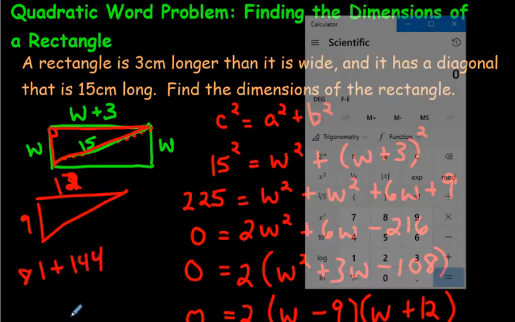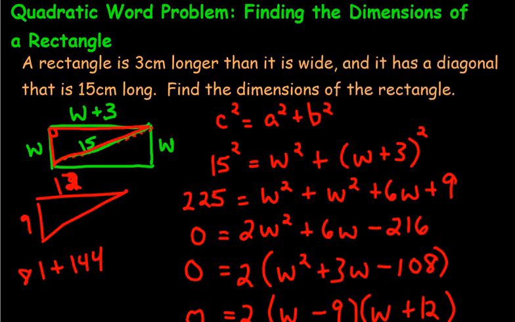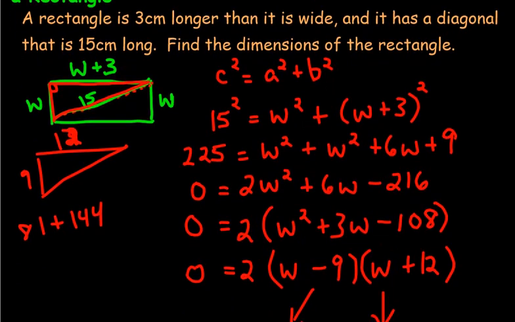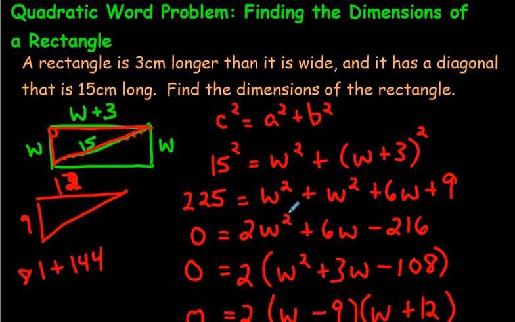And if you get your trusty calculator out, 144 plus 81 is 225. If you take the square root of 225, that should give us the hypotenuse of 15, just to verify our answer. So I'll take the square root, and it's 15, sure enough. That helps us be really happy right now because it means that all of this hard work we did to get this answer paid off.